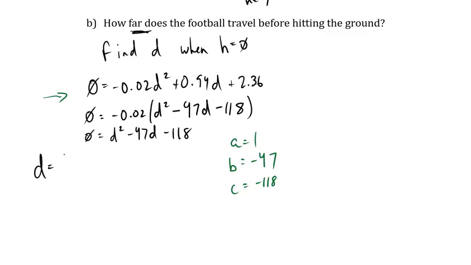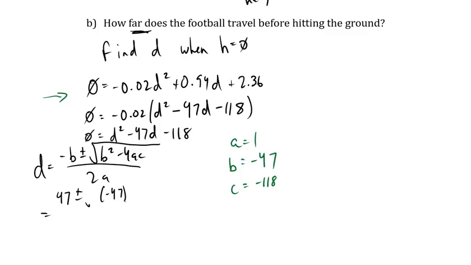So negative b, so I'll write this down. Negative b plus or minus the square root of b squared minus 4ac all over 2a, which is positive 47. So two negatives makes a positive. And then in brackets, negative 47 squared minus 4 times 1 times negative 118, all over 2 times 1.